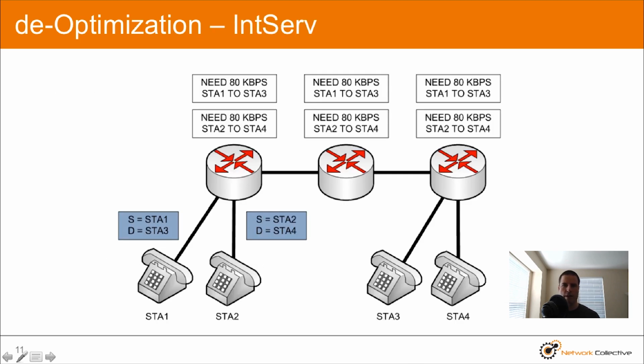Here's our favorite IntServ diagram again. Basically the exact same diagram, but now we're going to look at it less from a state perspective, but more from an optimization perspective. So forgetting about the fact that there's all this state in the network, I would consider IntServ to be a better optimized design with respect to the flow quality. I mean, every individual flow has its own special carved out bandwidth with specific requirements at every hop in the network.